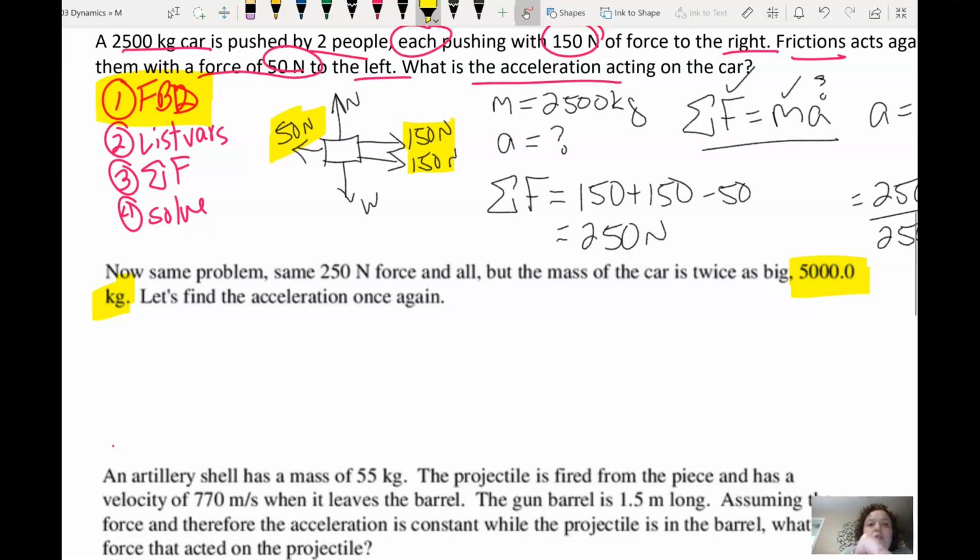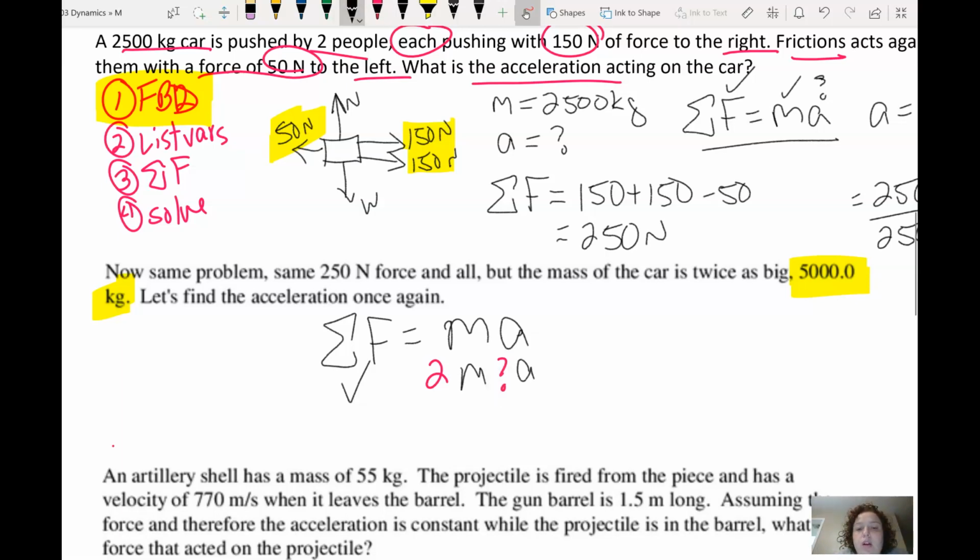We know that net force is equal to mass times acceleration. So in this problem, the net force stays the same, but we're going to double our mass. And we want to find out what happens to our acceleration.